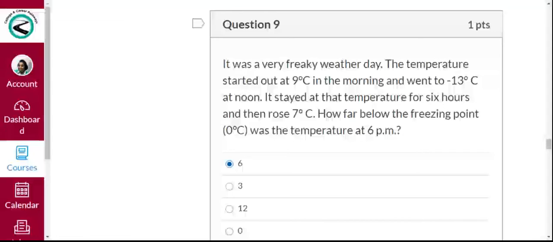And so how far below the freezing point? It's 6 degrees. I luckily clicked on 6. So it should be 6 degrees below 0. It would be like a negative 6 if you were to actually do the math here. And the question is asking, what is it below already? So you don't have to put a negative in front of it. You already know that it's down below 0, 6 degrees.